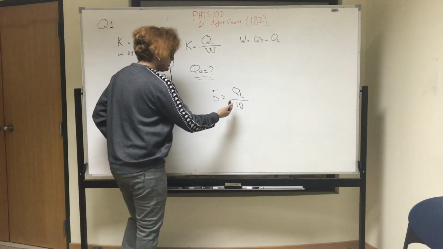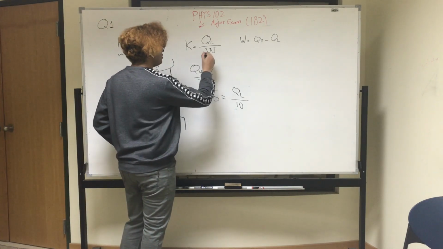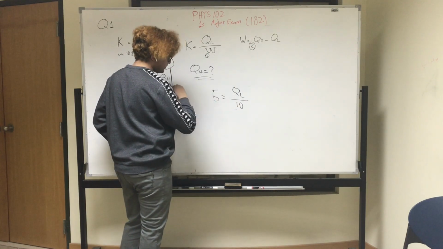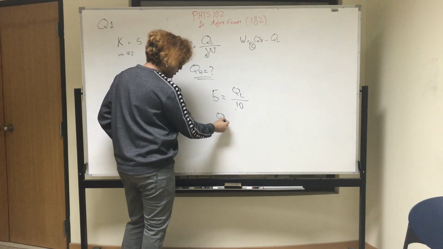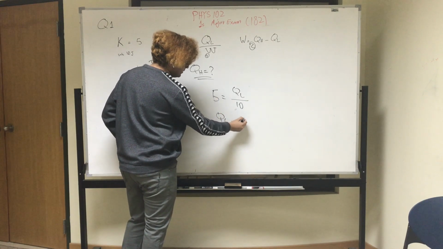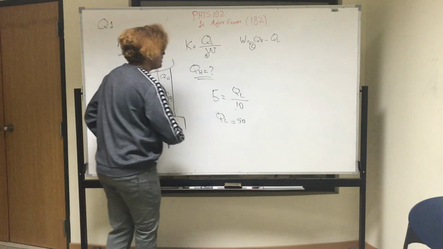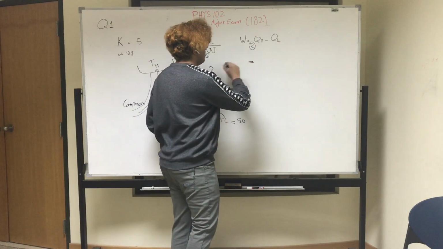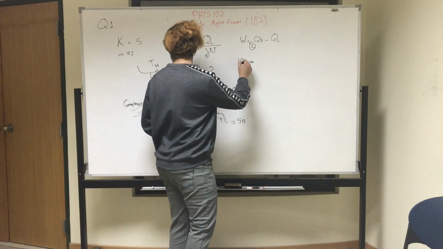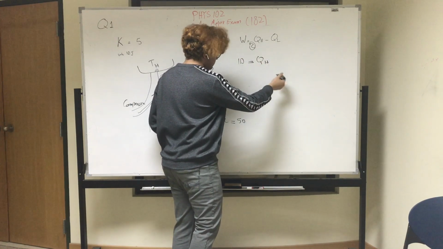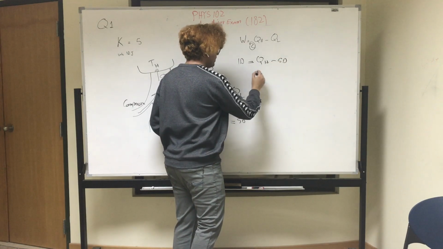So this is pretty straightforward. We could use these two equations, equations 1 and 2. Just solve for QL. If you cross multiply, you're going to get 50. And if you plug your numbers into this equation, we know that the work is 10 joules, and we know that QL, which we just solved for, is 50.